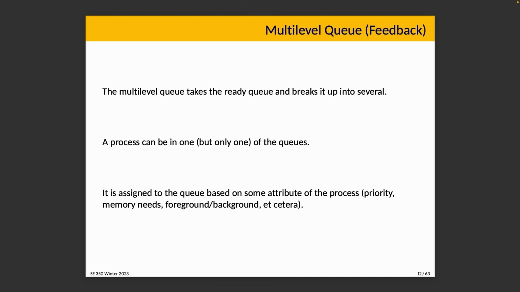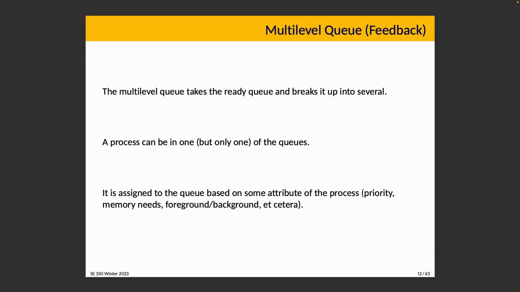And so the multi-level queue is really what it sounds like. You just take your main ready queue and break it up into several of them. And a given process, when it's ready to run, can be in one of the queues, but only one. There are no processes that are in both queues, because that doesn't make sense. And which queue it's assigned to is based on its attributes. Is it based on the priority, the memory needs of the program?